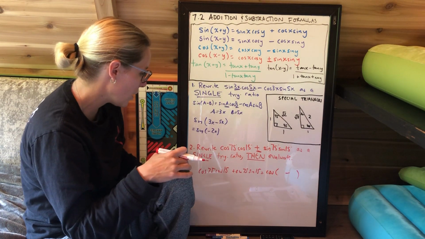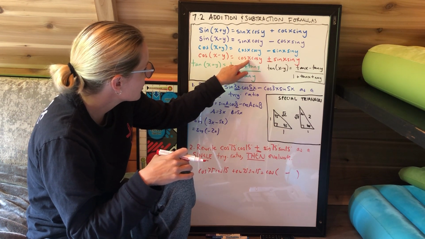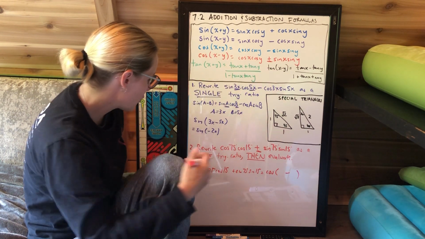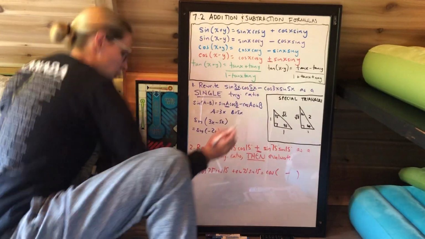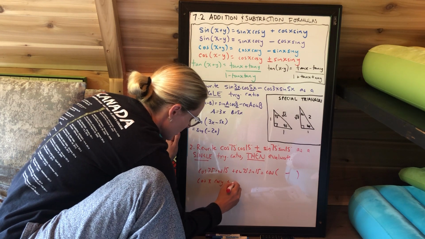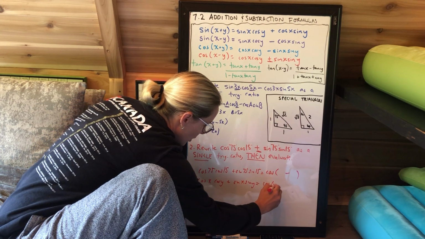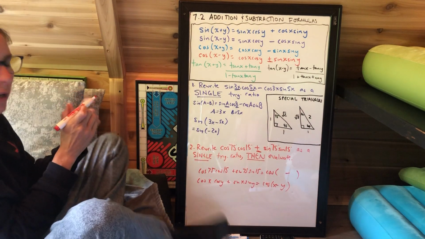We just have to decide what our x and y are. Notice this would be cos x, cos y. If I write it underneath: cos x, cos y, plus sine x, sine y equals cos of x minus y. That's the original formula if I write it right to left.